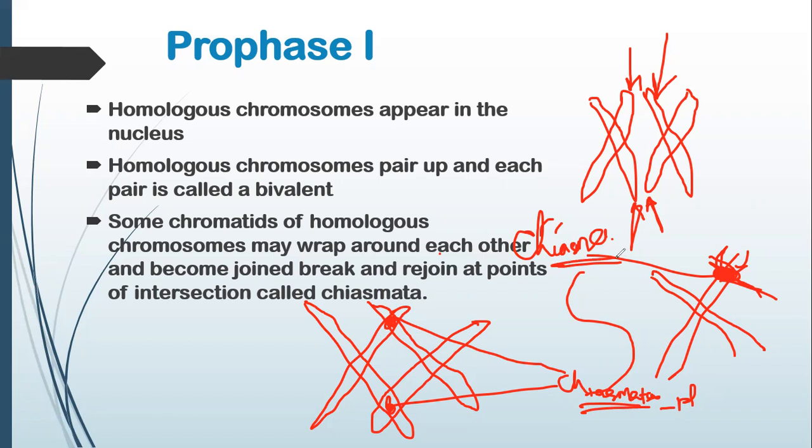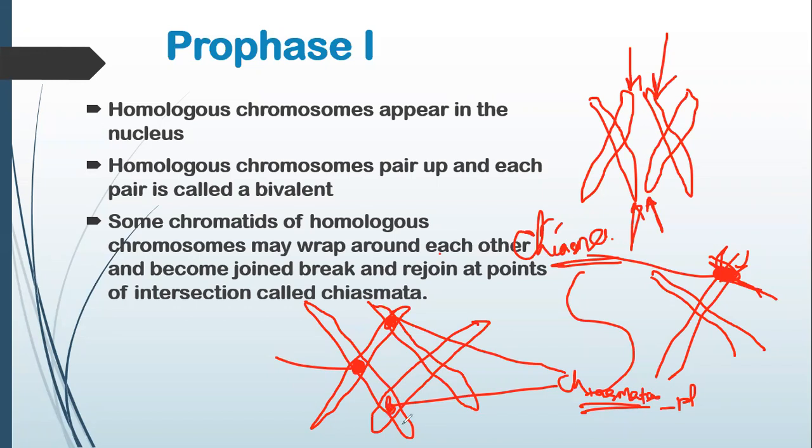Now don't confuse it with a centromere. From past experience, students confuse this point with the centromere. That point where the two chromatids join each other on a chromosome is known as a centromere.